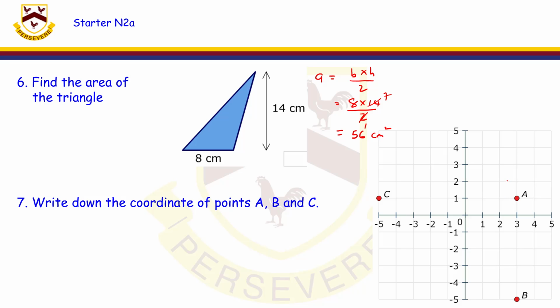And the coordinate points of A, B and C. A is given by across the landing 3, up 1, so 3, 1, but we've got to put our brackets around it. B is across the landing again, so it's 3 and down, so 3 and minus 5, don't forget your brackets. And C, we move to the left across the landing, so it's minus 5 and up 1. Good. Now I want you to make your corrections, rag your work. Once you've done that, then hit play again and we'll look at negative indices.